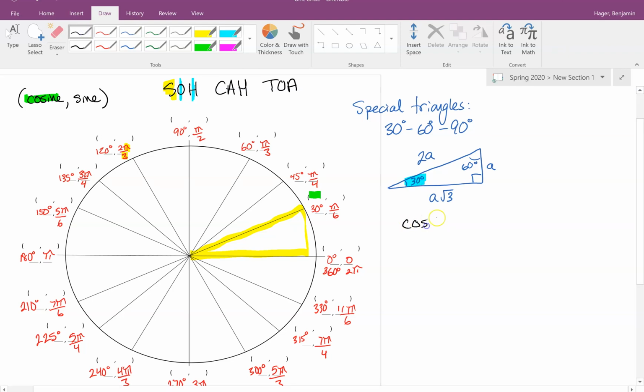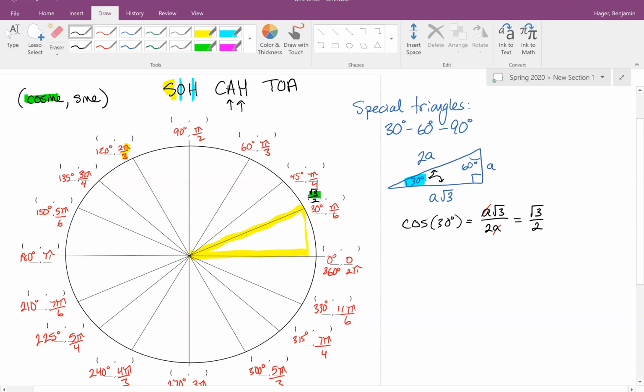What's cosine of 30, or pi/6 if you're working in radians? Well, CAH says it would be the side adjacent to my angle divided by the hypotenuse of that triangle. It doesn't matter what A is because it's going to cancel. You're always going to get down to cosine of 30 being radical 3 over 2.